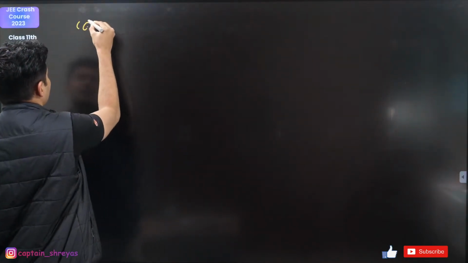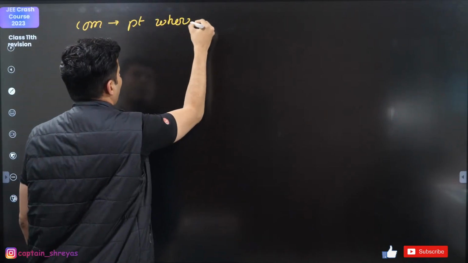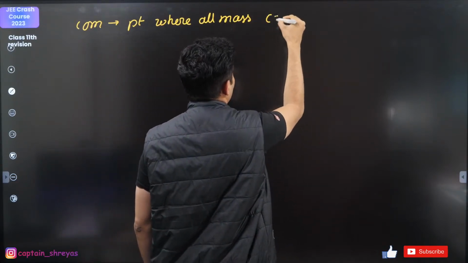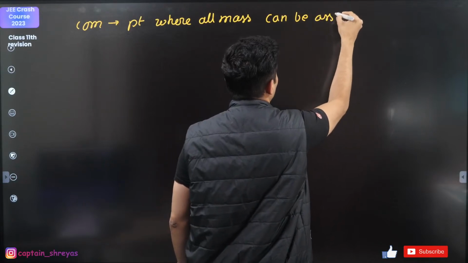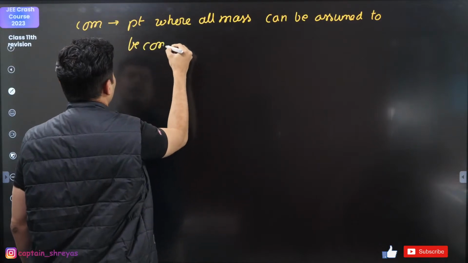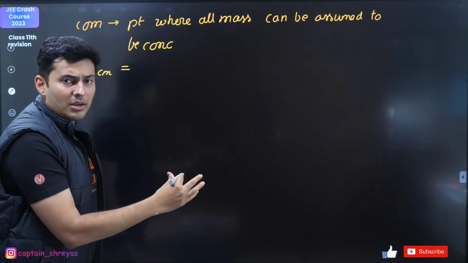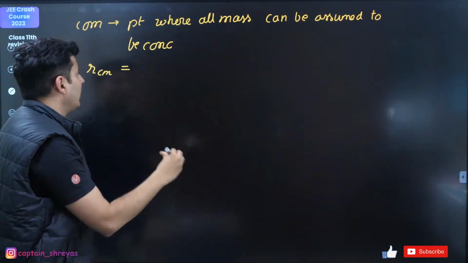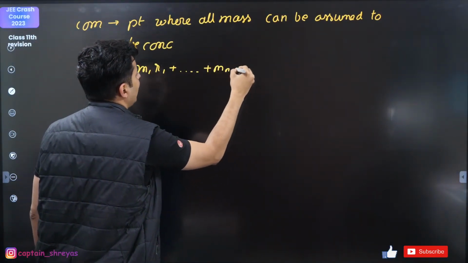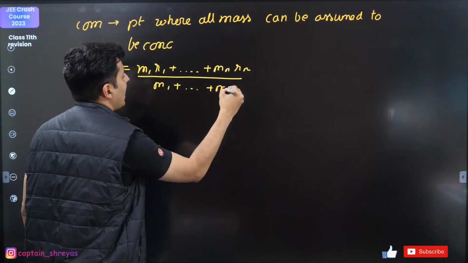Center of mass is nothing but a point where all the mass can be assumed to be concentrated, and the formula for that in general, RCM, be it x coordinate, y coordinate, or z coordinate, is nothing but m1 r1 plus m2 r2 plus mn rn divided by m1 plus m2 plus mn.